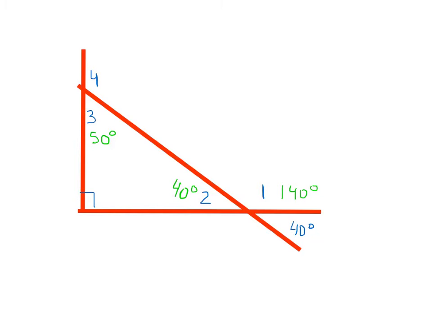So again, 180 minus 50 will be 130. So we are able to discover these 4 other angles just by knowing this one angle down here, using the idea of adjacent angles and supplementary angles, that all the interior angles of a triangle equal 180 degrees, and supplementary angles once again. So that's example 1.